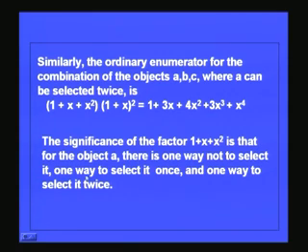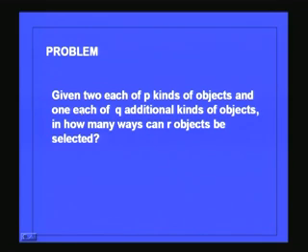Given 2 each of p kinds of objects and 1 each of q additional kinds of object, in how many ways can R objects be selected? This is the problem. Let us see how we tackle that. So, you have p objects, they can be selected twice, given 2 each of p kinds of objects.